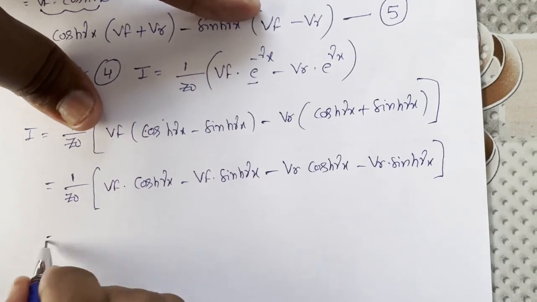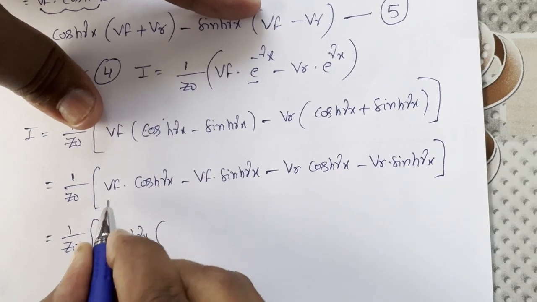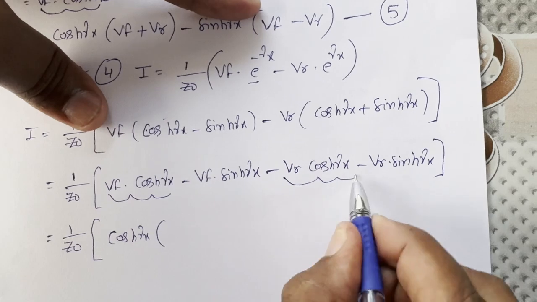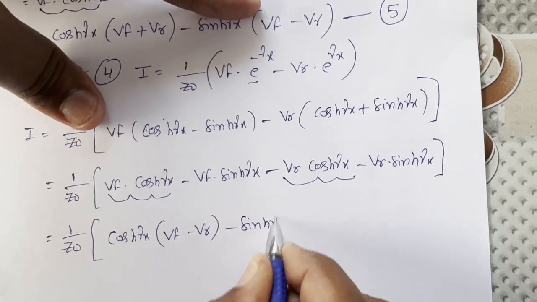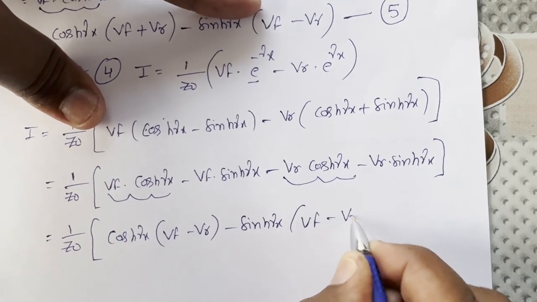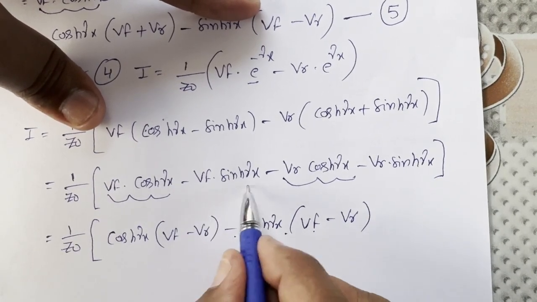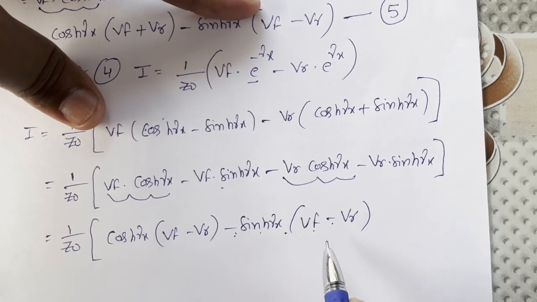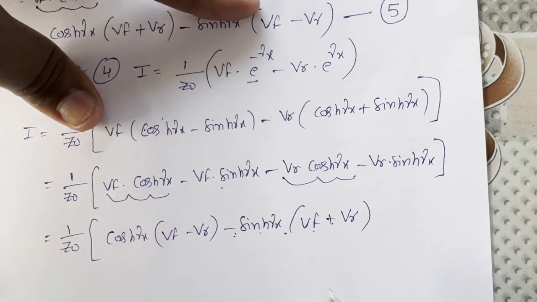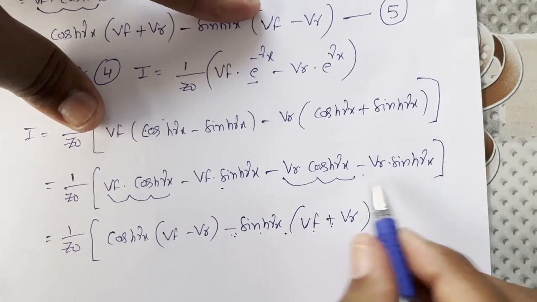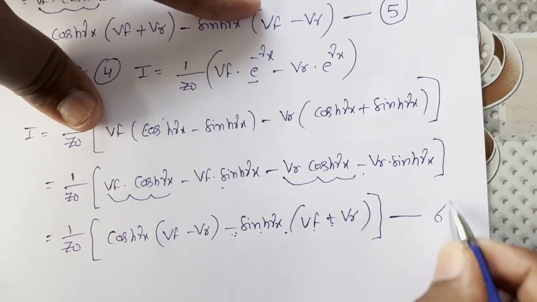And I am taking cosh and sinh as commons: 1 by Z0 into cosh gamma x into Vf minus Vr, minus sinh gamma x into Vf minus Vr. So we are getting like this. It is equation number 6.